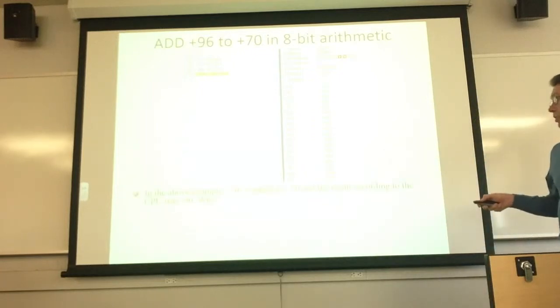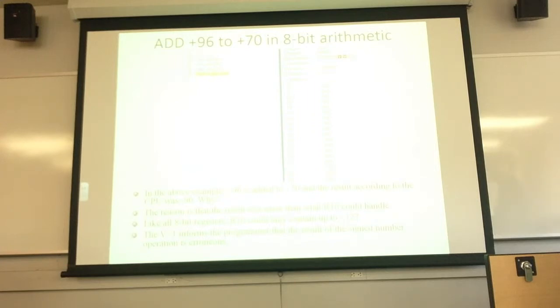So in the above example, 96 is added to 70, and the CPU is telling me, if I'm doing this in 2's complement arithmetic, that it's -90, all right? And the reason is that the result was more than the 8-bit register R16 can effectively handle. Like all 8-bit registers, R16 can only represent up to plus 127, okay? So this informs me that the result of the signed number operation is wrong. It just can't be done in that arithmetic.